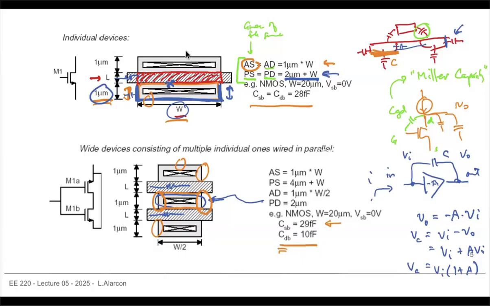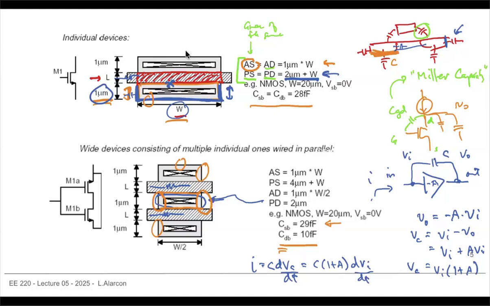And what does that mean? If I want to take the current, then it's C dVC over dt. But dVC is just (1 plus A) times dV in over dt.